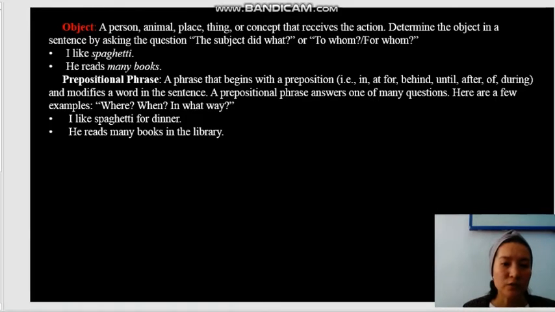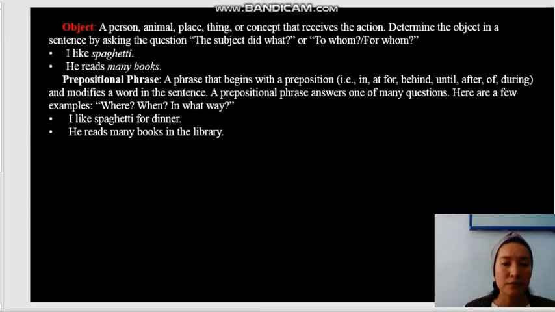And a prepositional phrase: a phrase that begins with a preposition, for example, in, at, for, behind, until, after, of, during, and modifies a word in the sentence. A prepositional phrase answers one of many questions.